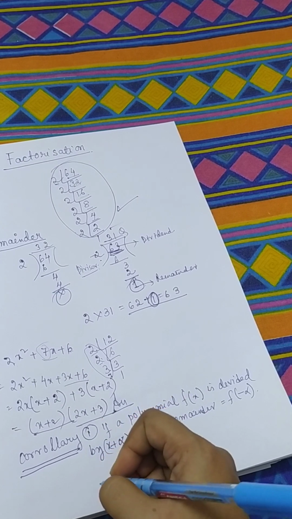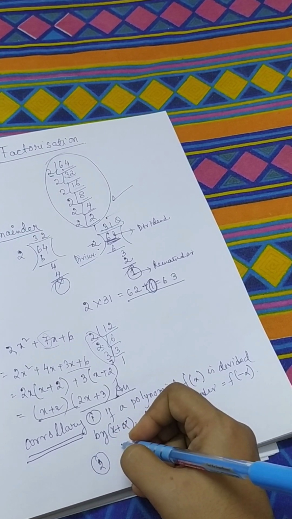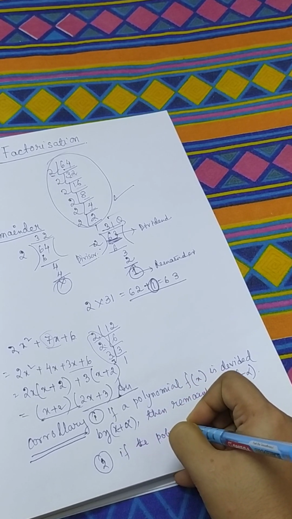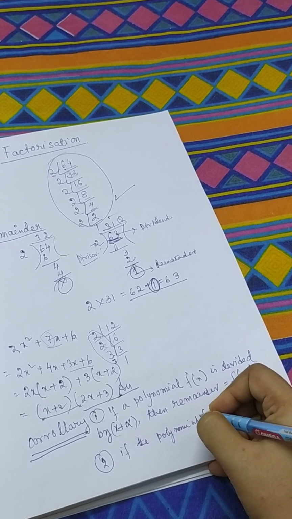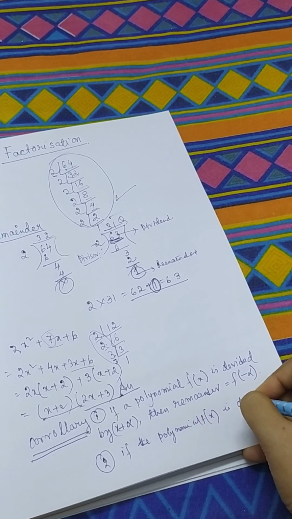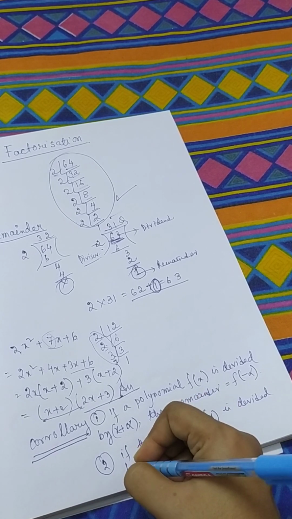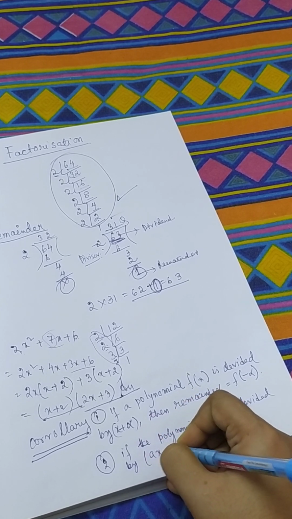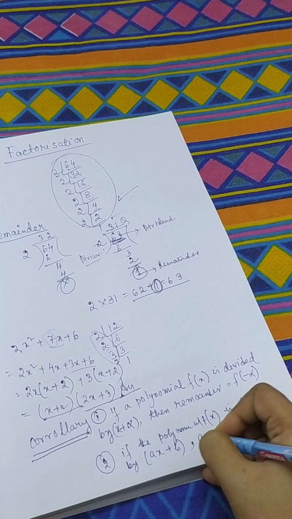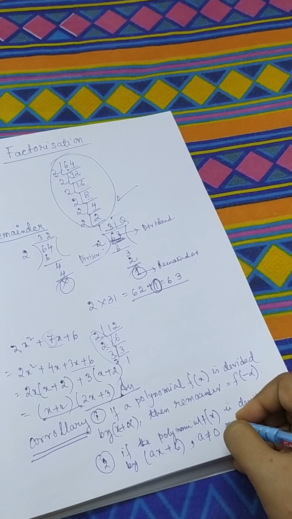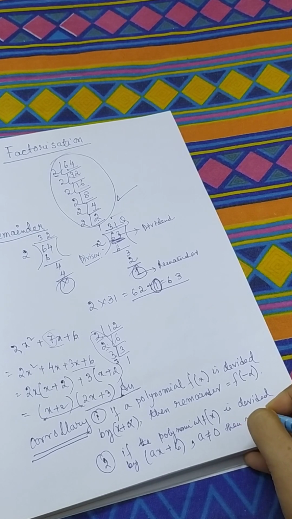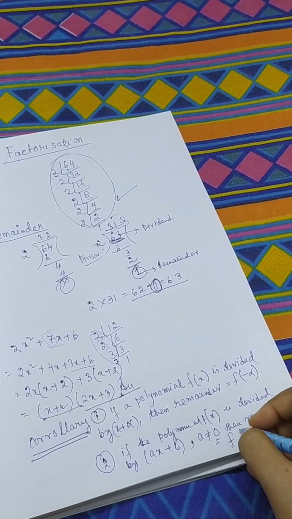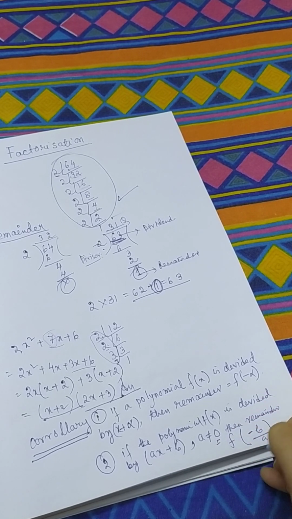This is the first corollary, and the second one is: if the polynomial f(x) is divided by ax plus b, where a is not equal to 0, then the remainder is f(minus b by a).